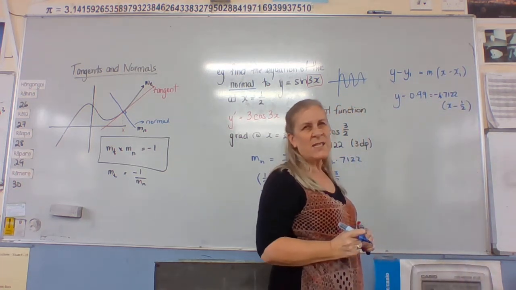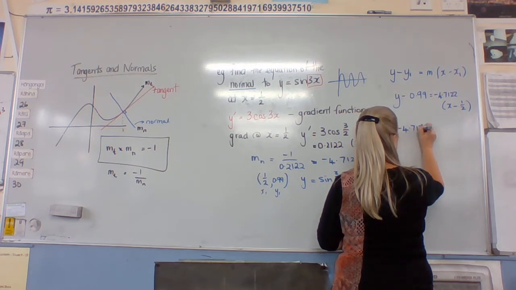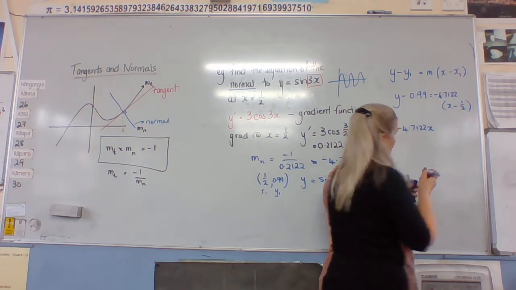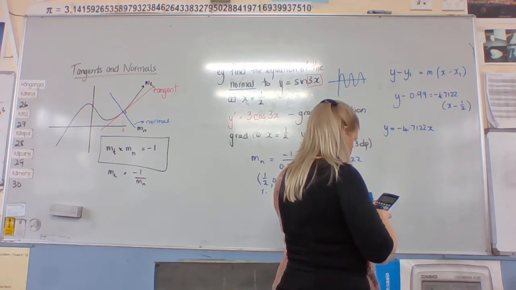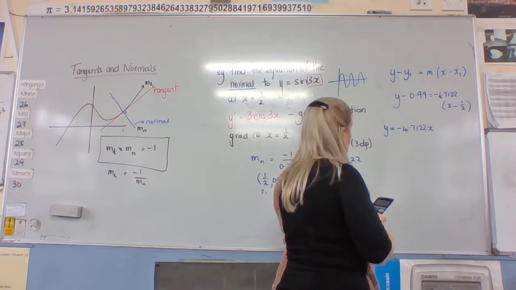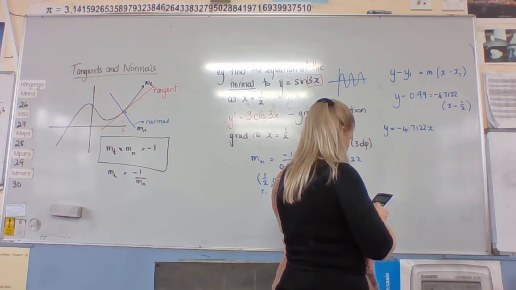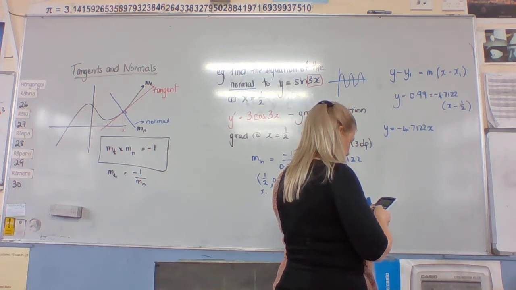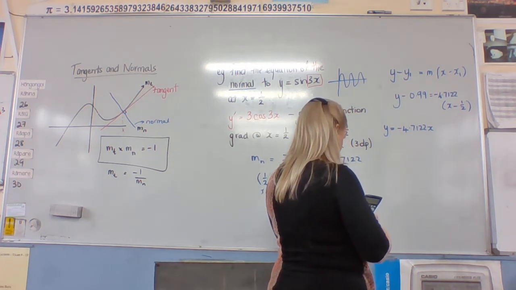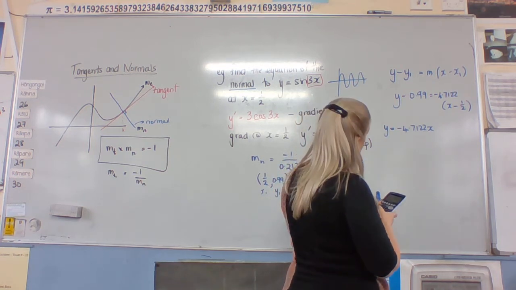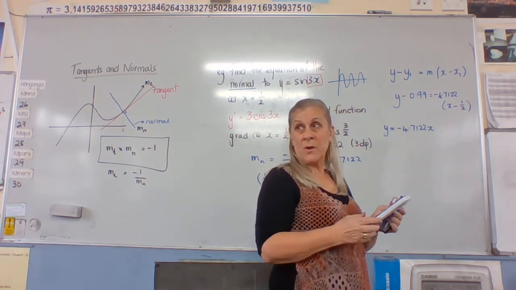Which isn't a very nice way of writing it, so we probably should tidy this up. y equals negative 4.7122x, and then grab a calculator, do half times 4.7122 equals, and then add 0.99. 3.34?